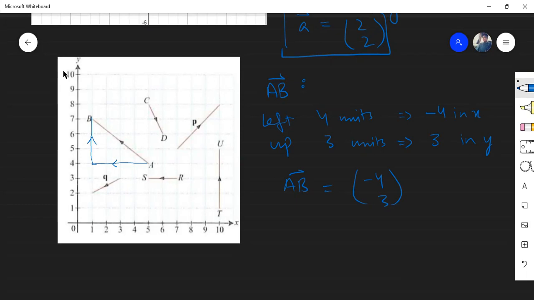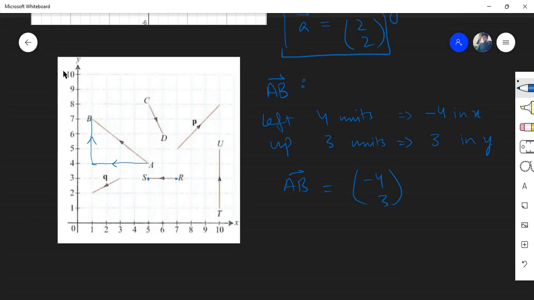Okay. Now let's do the RS vector. The RS vector is basically a horizontal vector, where we don't have to move in the y direction at all.